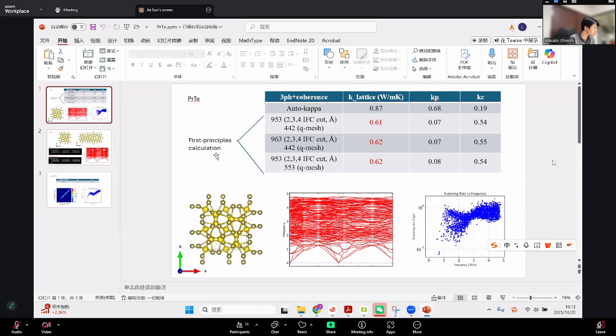Just because of the ratio, at this point, looking at the numbers intuitively and physically, I would rather believe AutoKappa results than the validation calculation at this point. But you guys can discuss.